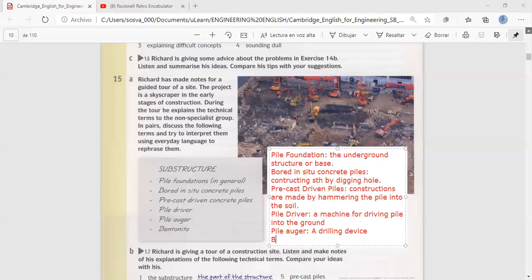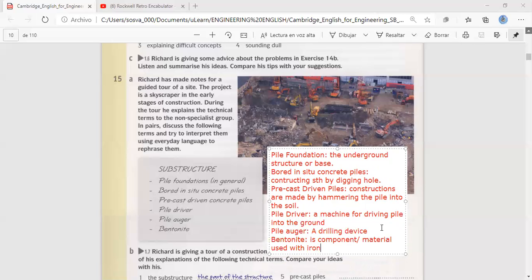Okay, drilling device. And the bentonite in this case is a component, or material, used with iron.